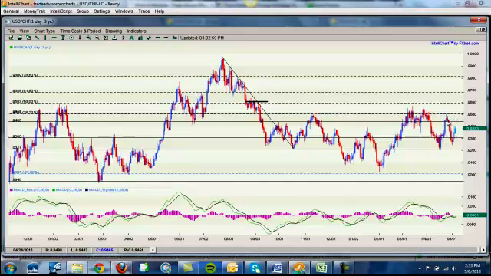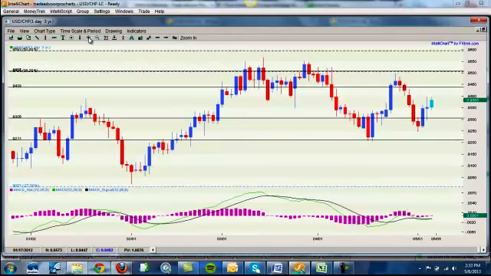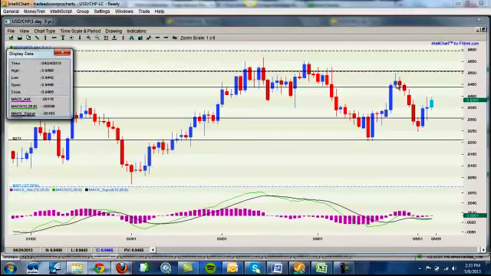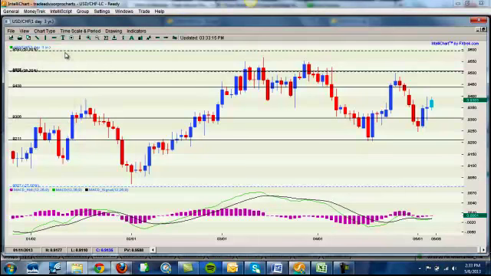In fact, let's see what this high was on this little candle here. Let me zoom this in. This candle went as high as 0.9498. So if you were selling at 0.95, you would have missed that entire trade. I would be probably selling this pair around 0.9480. So now this thing seems to be working its way up.